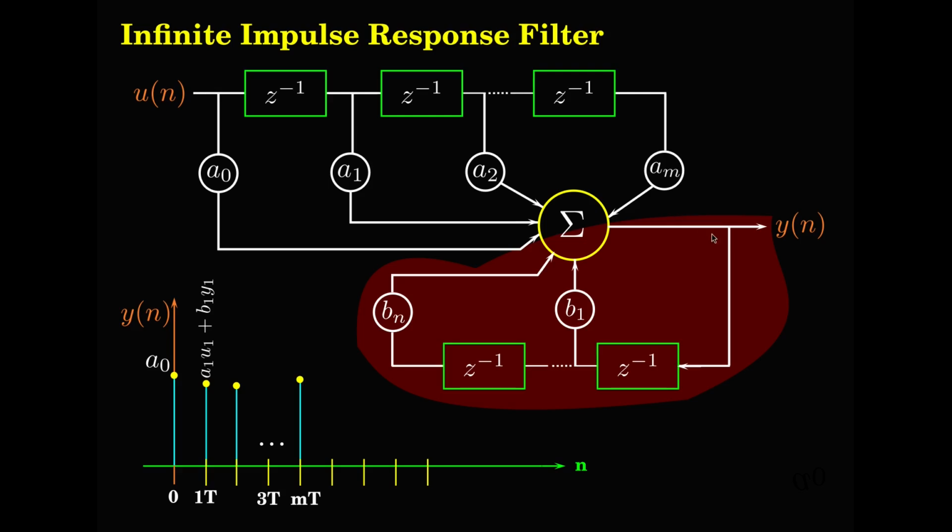But output is there, and therefore the bottom values coming from the feedback will always exist and gradually converge to 0, and it will be like an exponential decay. So only at n tending to infinity you will see it 0, and therefore it is called the infinite impulse response filter.